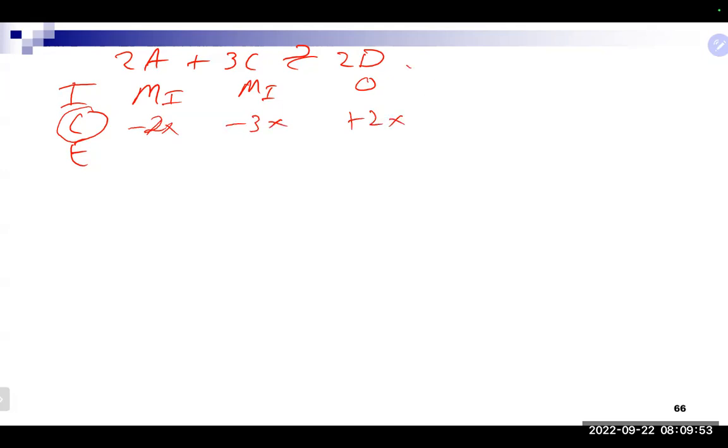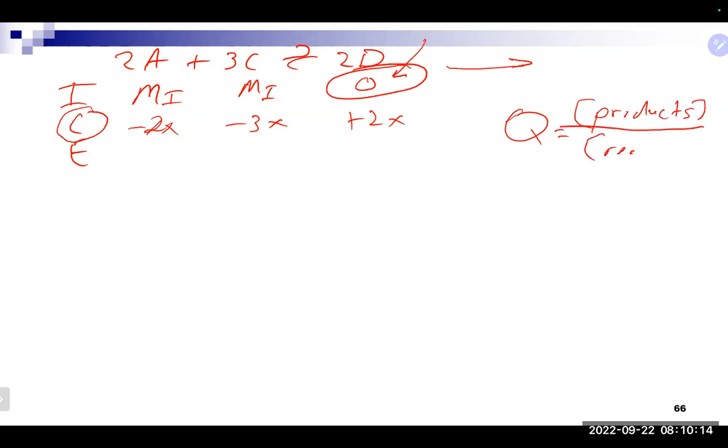In this case, because we were not given anything about the products, we can safely assume that we are going in that direction. Also, we saw an example, and it does happen occasionally, that you are given everybody's information. So remember, that's a point where you really do want to calculate Q, which is calculated the same way as K. It's our products over our reactants in that case as well.